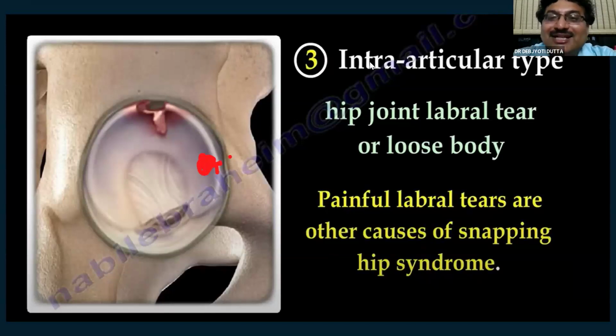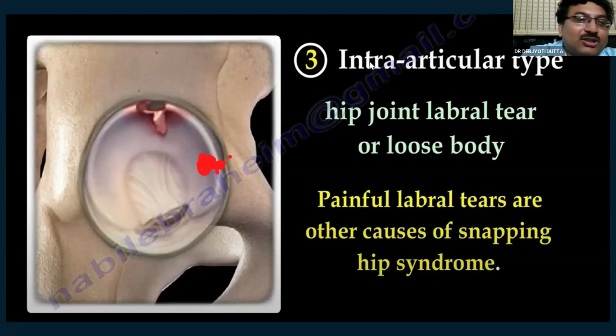Okay, and this is caused by a loose body or labral tear, and this causes the intra-articular type of snapping hip syndrome, type 1. And there is another type 2 also, where there is a broad base, but due to degeneration, the femoral head itself is irregular, and that is causing friction over this area, and causing snapping hip syndrome.